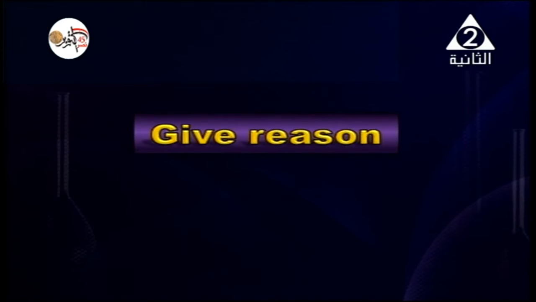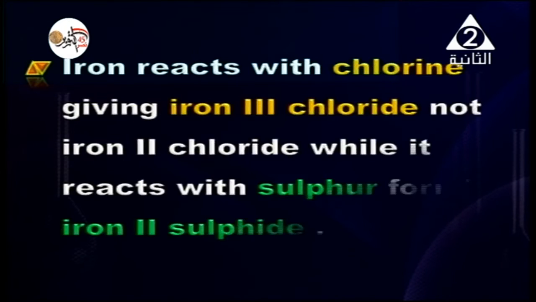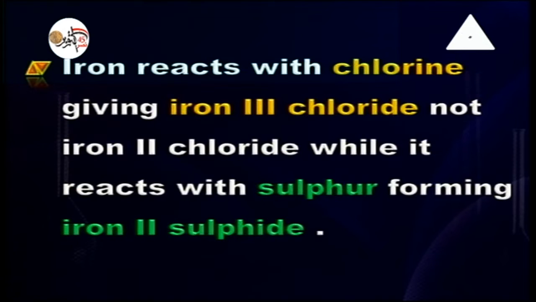Dear students, we have a give-reason in this point. Iron reacts with chlorine, giving iron(III) chloride, not iron(II) chloride, while it reacts with sulfur, forming iron(II) sulfide.